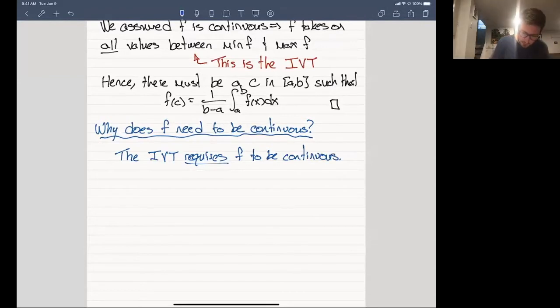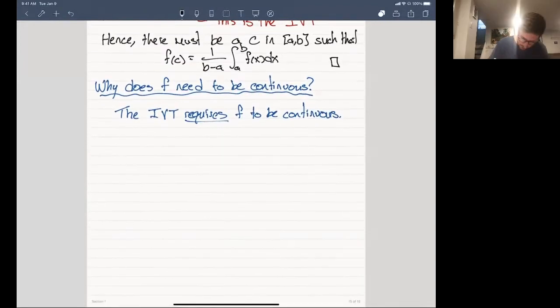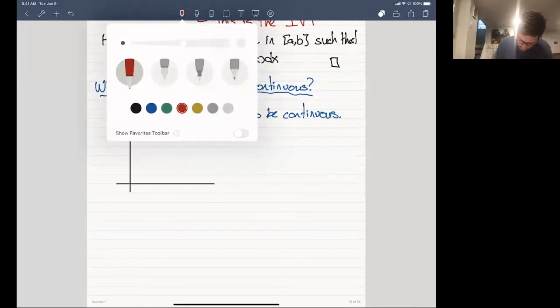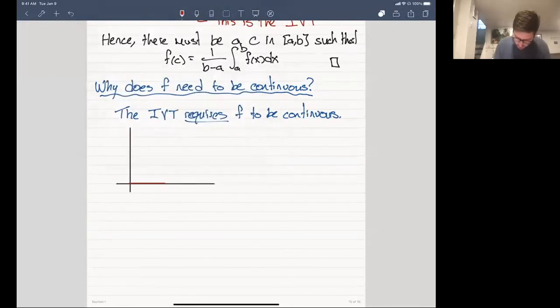Let me give you an example of a function where this would fail if it was not continuous. Let's say the function is 0 all the way up to 1, and then it takes on the value 1 all the way up to 2.